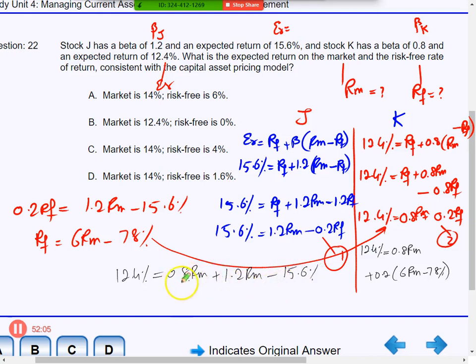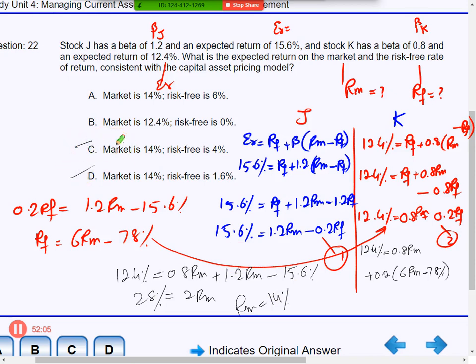See, 0.8 RM and 1.2 RM gives you 2 RM. And 15.6 taken to the other side will give you 12.4 plus 15.6, which is 28%. That implies RM is equal to 28 by 2, 14%, which makes either C or D the correct option.